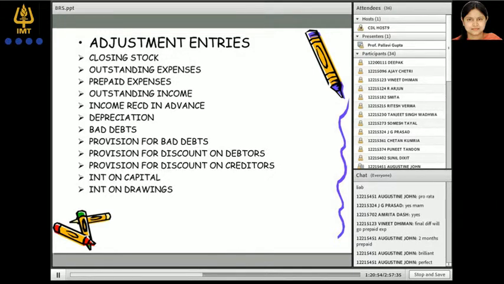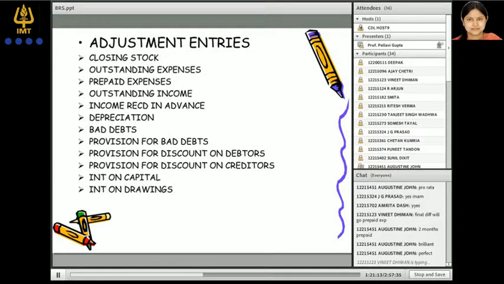Then minus provision for discount on this amount has to be created. Then this net amount will come in the balance sheet. The percentage of this provision will depend on business to business.